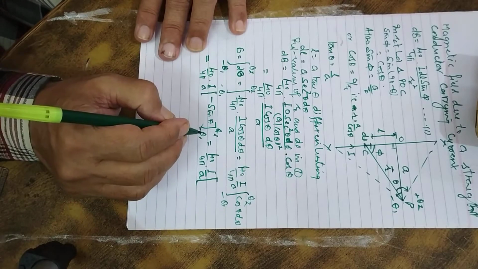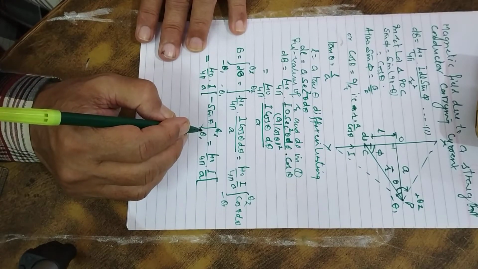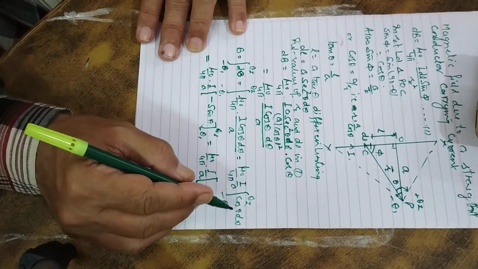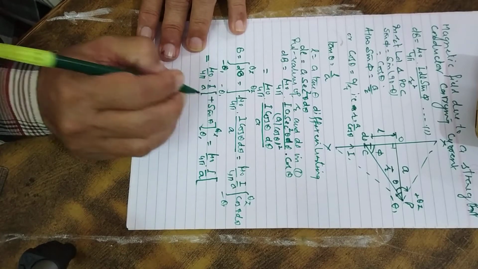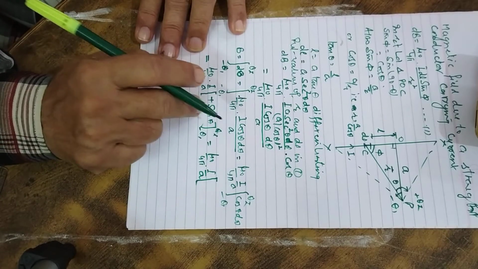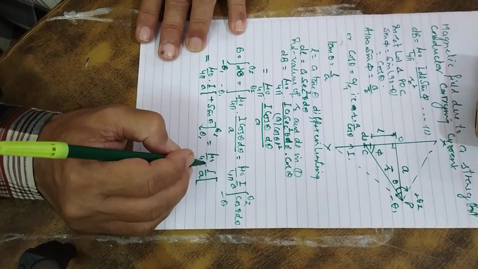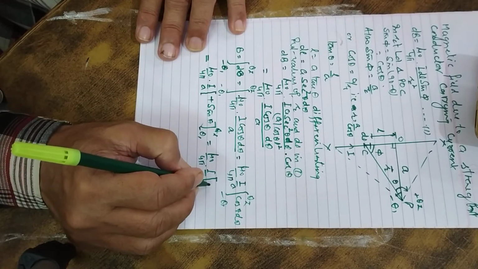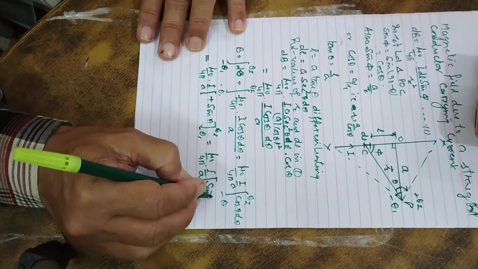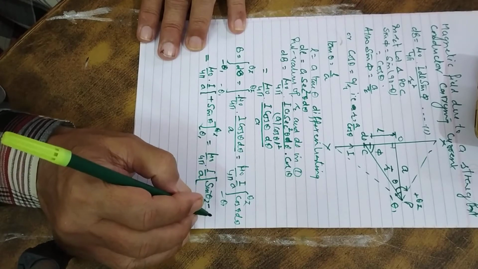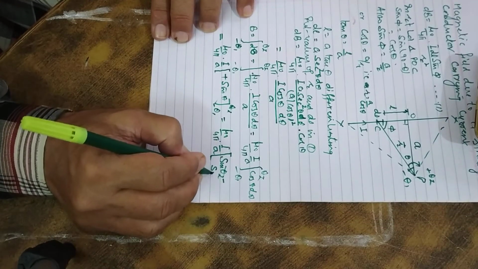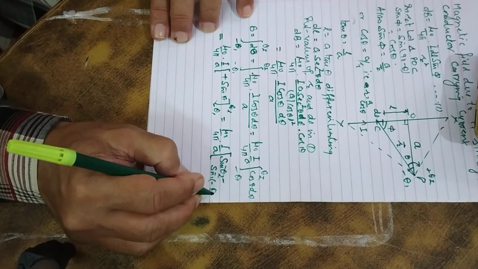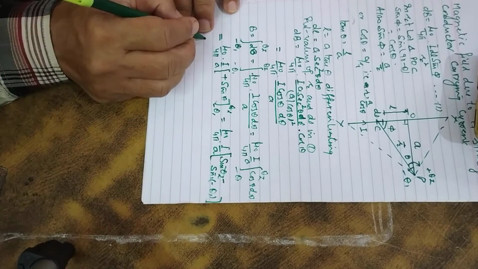Integration of cos theta is plus sin theta. Putting these limits, we get sin theta 2 minus sin of minus theta 1.